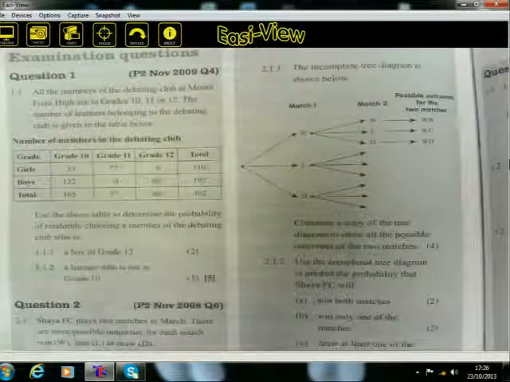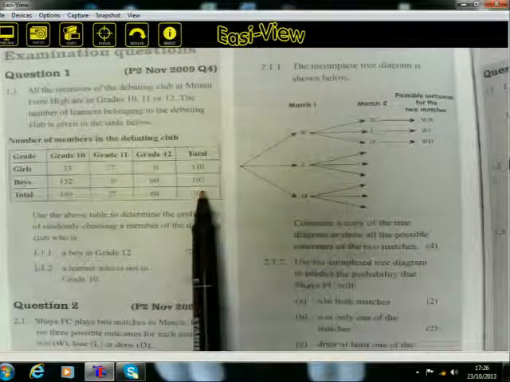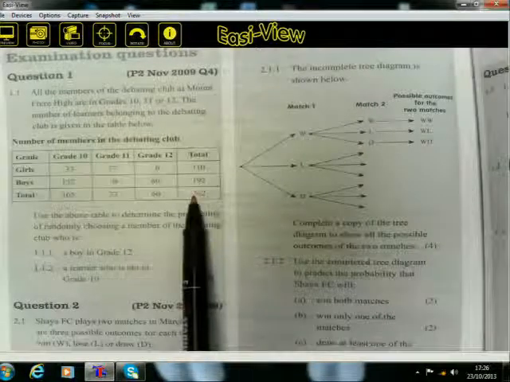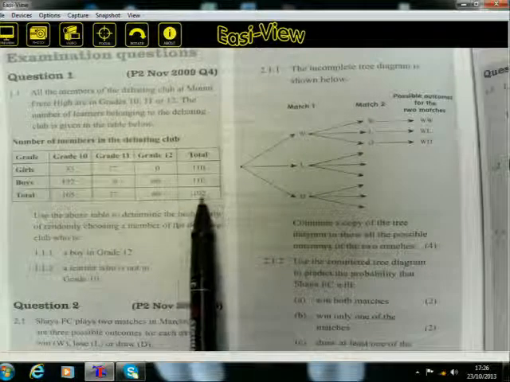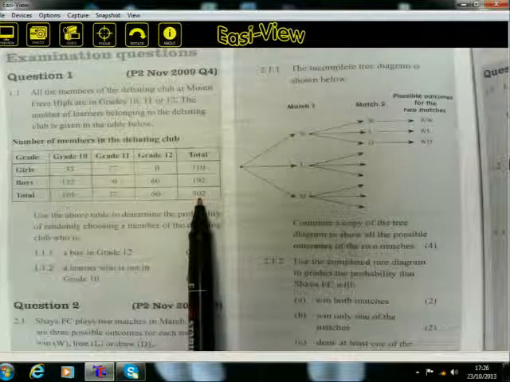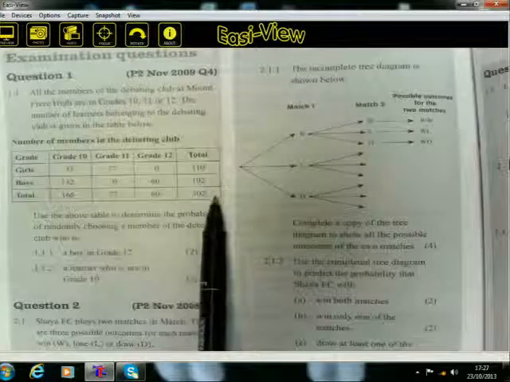Now the question is, what's the total number of all learners? That's 302. Do you see that? 60 boys out of 302.